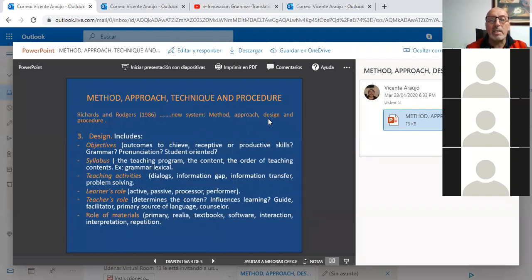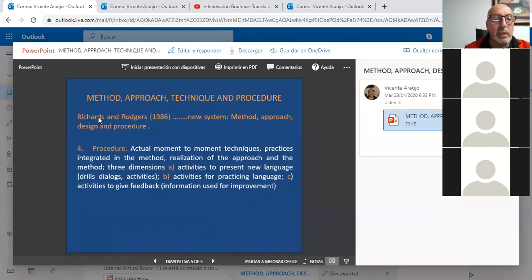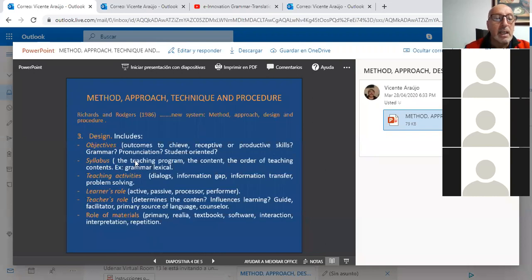The next concept is design. What is design? According to Richards and Rogers, a design includes many things.